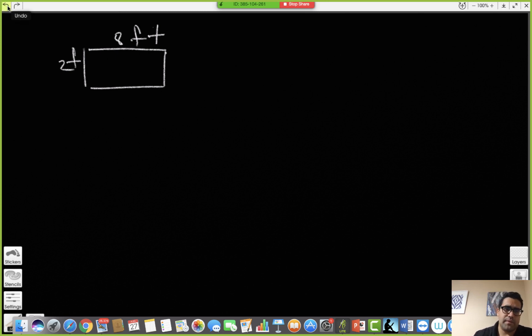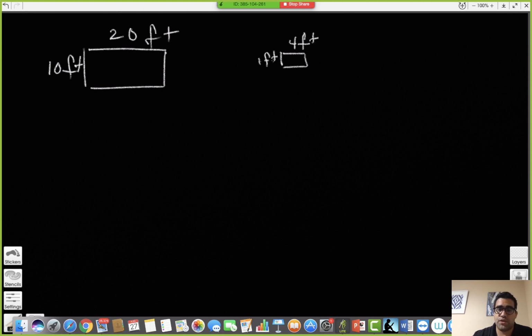Let's use a bigger number: 20 feet and 10 feet. And you have bricks that are, I don't know how bricks are supposed to be, but let's just call it 4 feet by 1 foot. They're big bricks. Don't judge me.